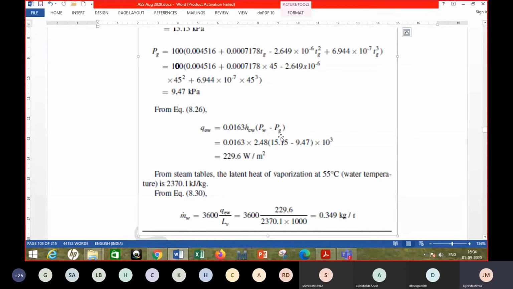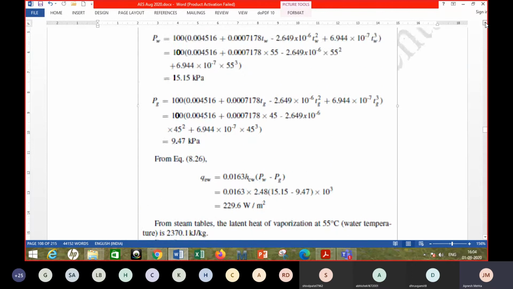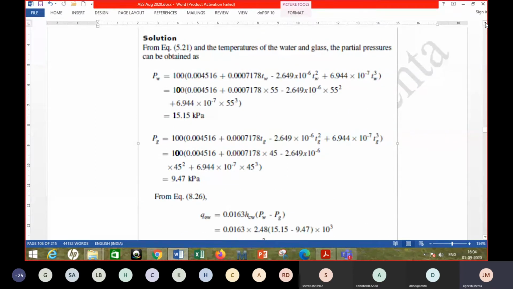So the first is to be evaluated. Both of them are saturated water vapor pressure. The first one is to be evaluated at the water temperature. The second one is to be evaluated at glass temperature. So what is the water vapor pressure at the given temperature? You can either find them from the steam table, that is the saturation pressure at given temperature.